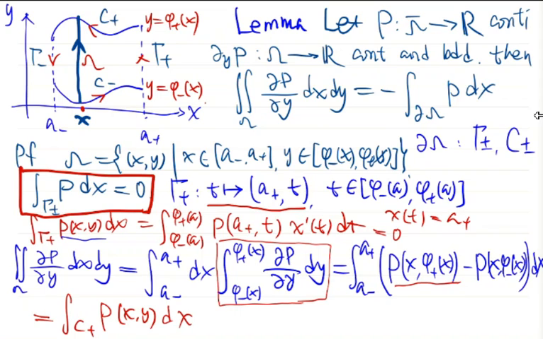As you can check, because for the integral of p(x,y), we can parametrize C plus by using x as a parameter, x, phi plus x.